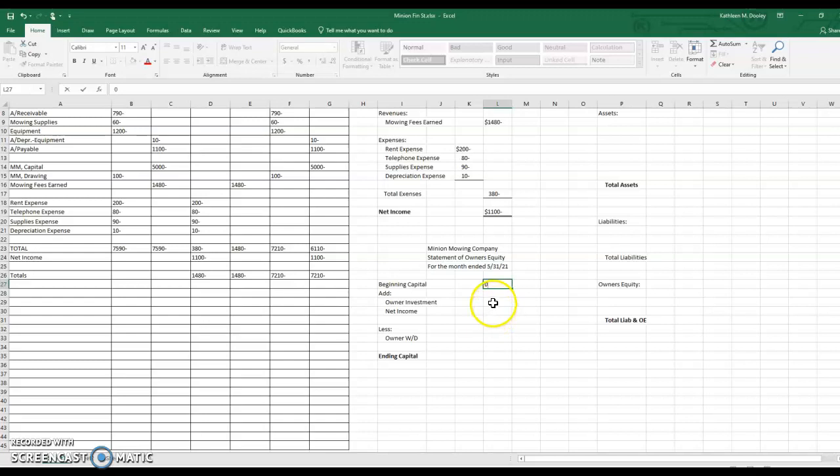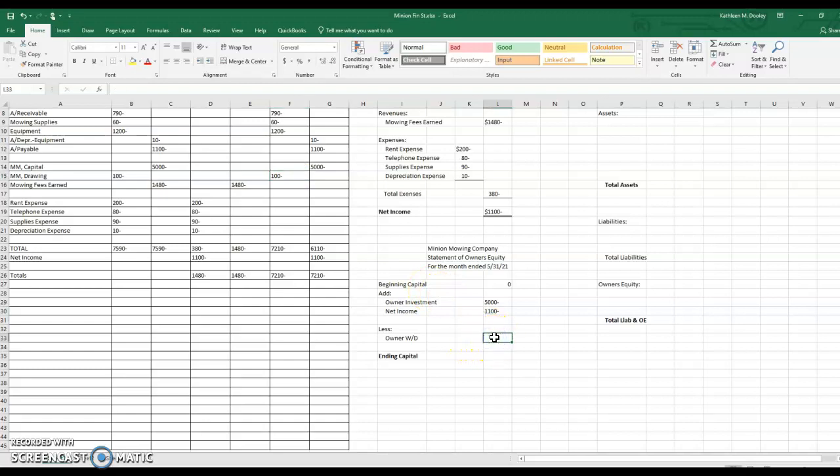Now, the owner invested $5,000, so that's the owner investment, and that increases the owner's equity, which is the capital account. We also have net income, where the business increased owner's equity, and our net income, of course, is the 1100. And then we need to subtract the stuff that decreases owner's equity, which is owner's withdrawal. And that is $100. That's up here.